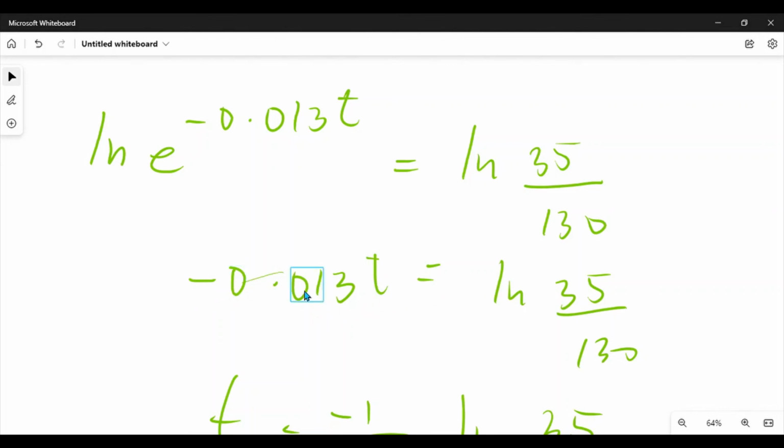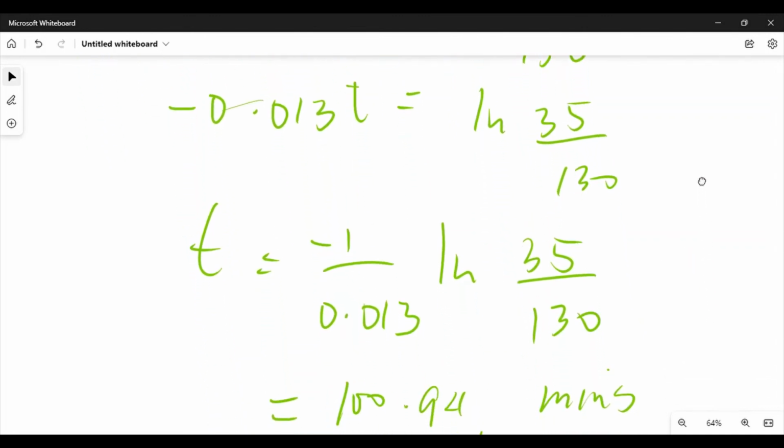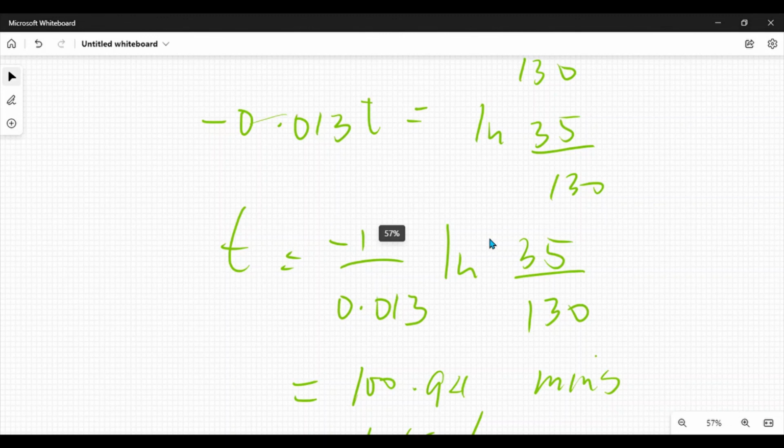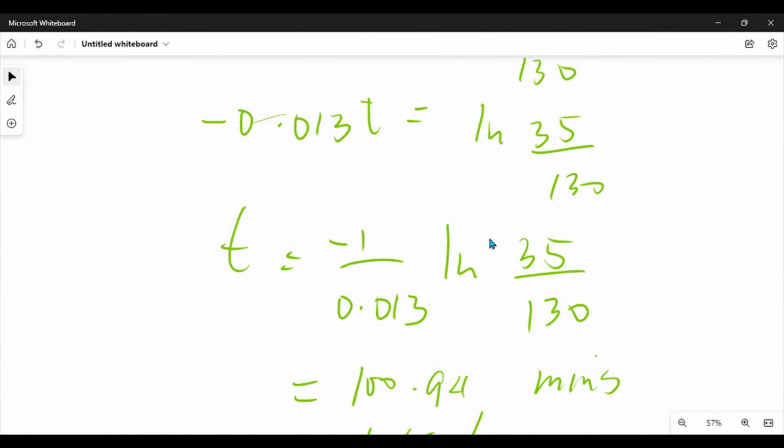Negative 0.013 t is equal to ln of 35 over 130. Of course, we need to divide both sides of the equation by negative 0.013. So we have negative 1 over 0.013 times the natural logarithm of 35 over 130.